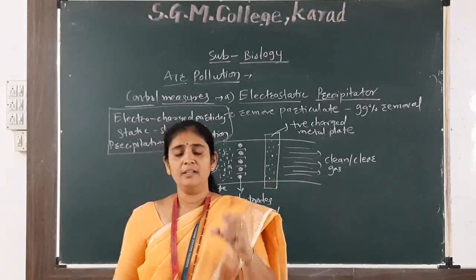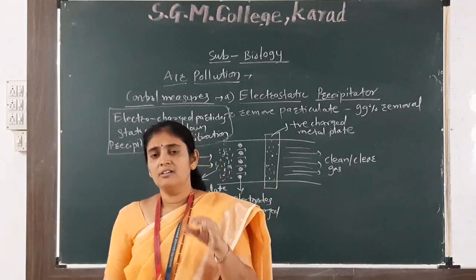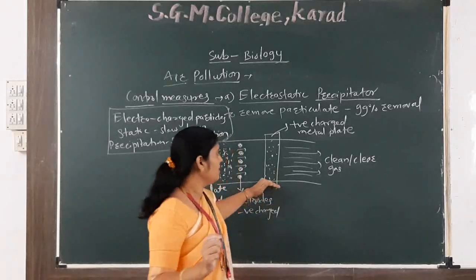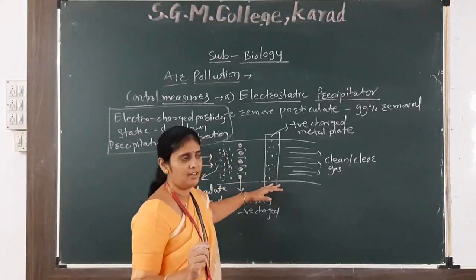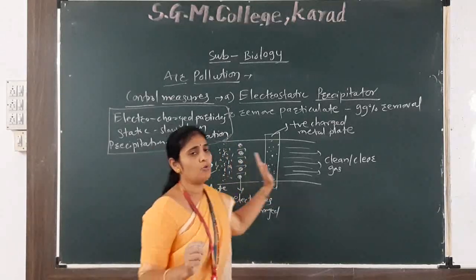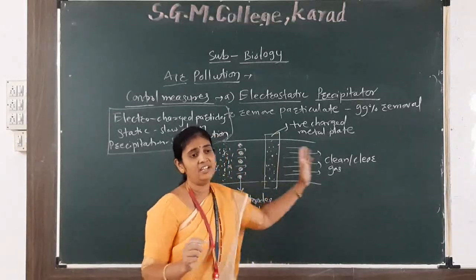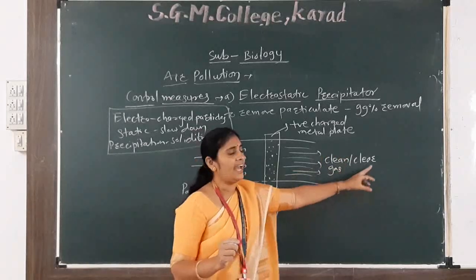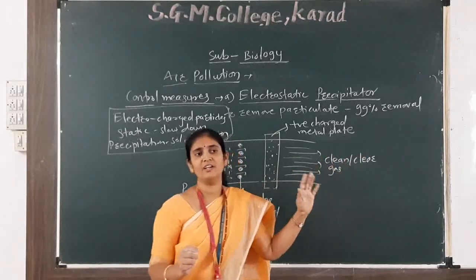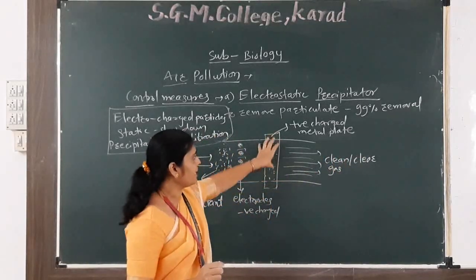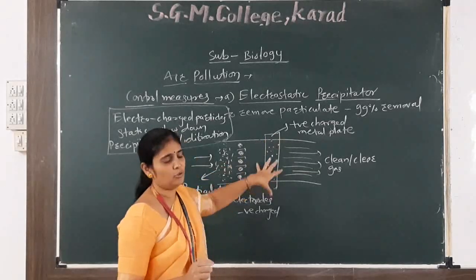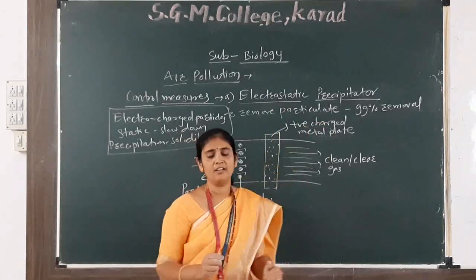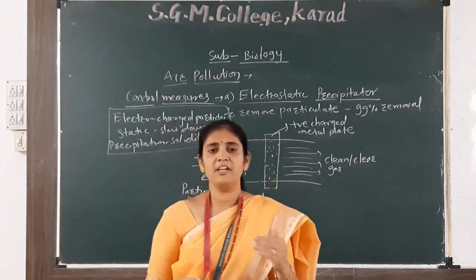Hence the particulates are collected here, and the air given outside from this industry or factory is clean and clear gas. All the particulate matter gets collected on this metal plate. So this is the principle used in the electrostatic precipitator to minimize the particulate matter present in the air.